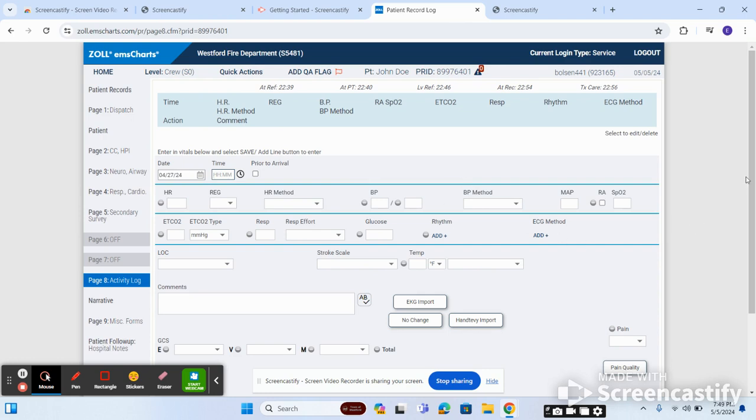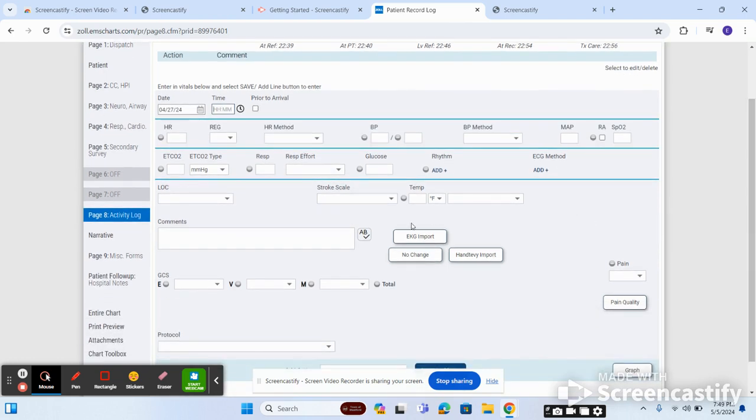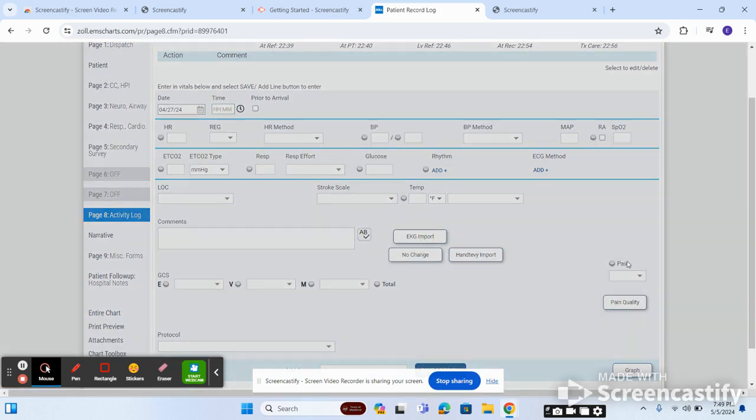So to import our cardiac monitor, we're going to come down here to where it says EKG import. If you utilized Hand Tevi and you imported it and uploaded it, you can import that case from right here. But we're going to import from our monitors.